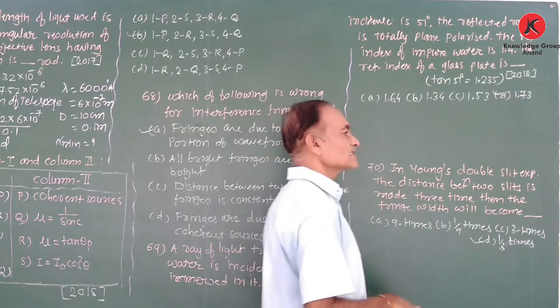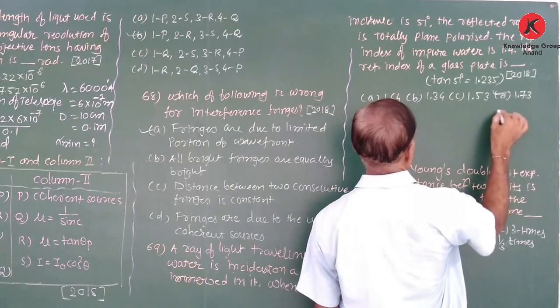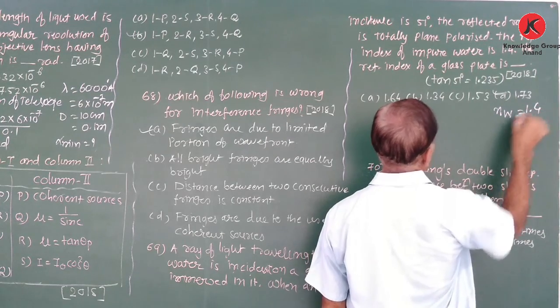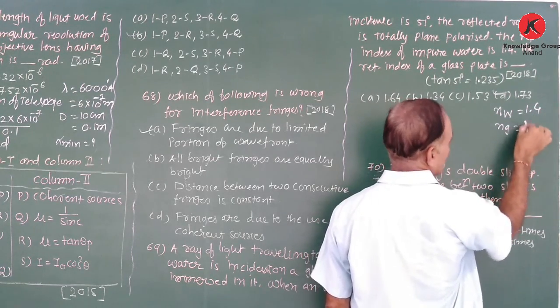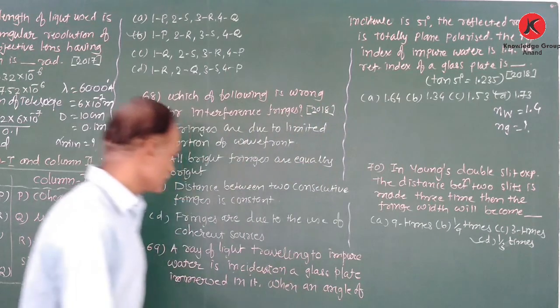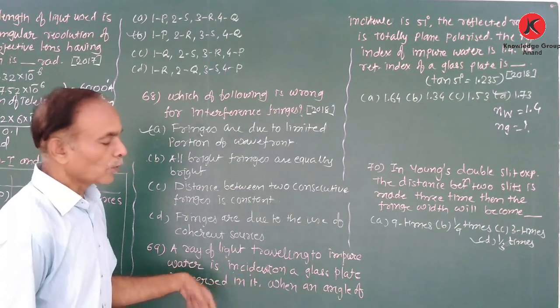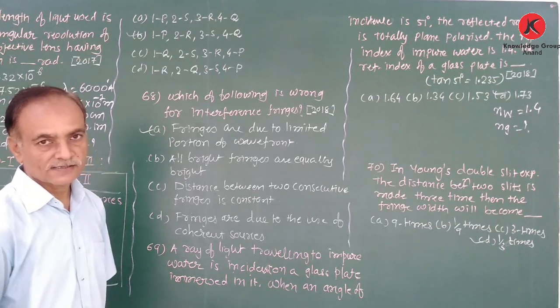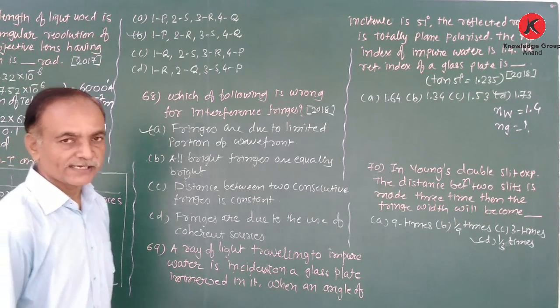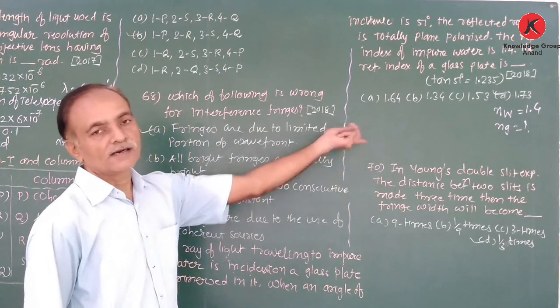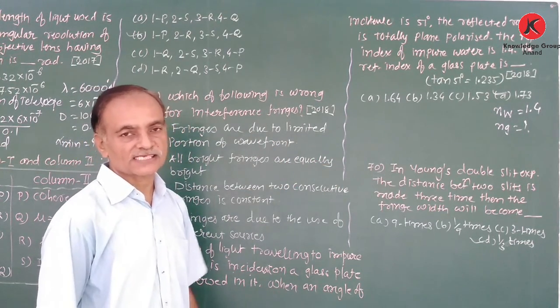Now listen here, what is given? The refractive index of impure water is given as 1.4. We require the refractive index of the glass plate. Here the wave is traveling from water and entering the glass plate. Here we need to find the refractive index of the glass plate.